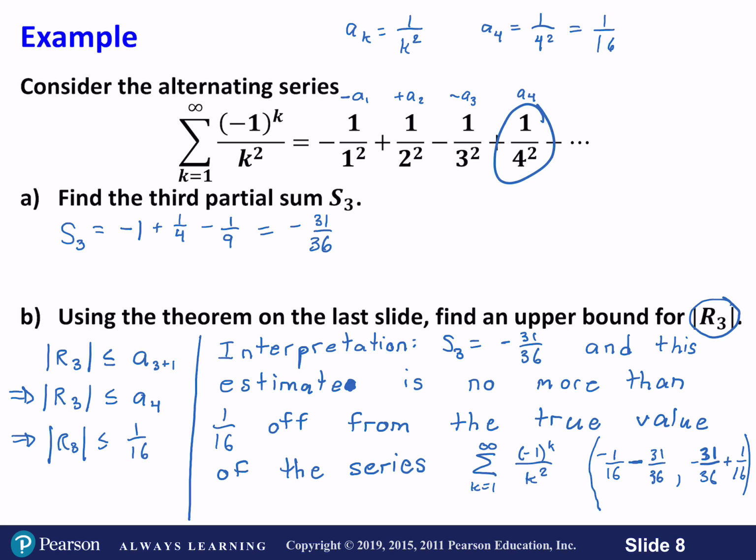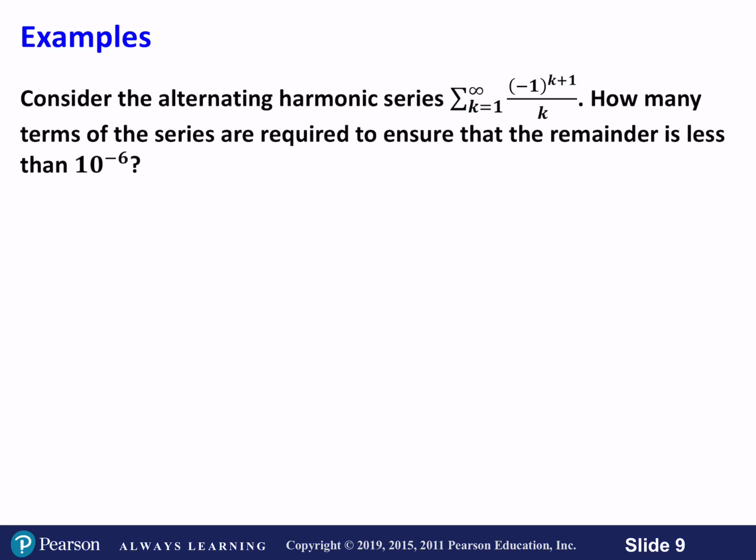Great, so let's continue on this line of thought. Let's now consider the alternating harmonic series. How many terms of the series are required to ensure that the remainder is less than 10 to the negative sixth? So we did something very similar with the remainder test for the integral test.